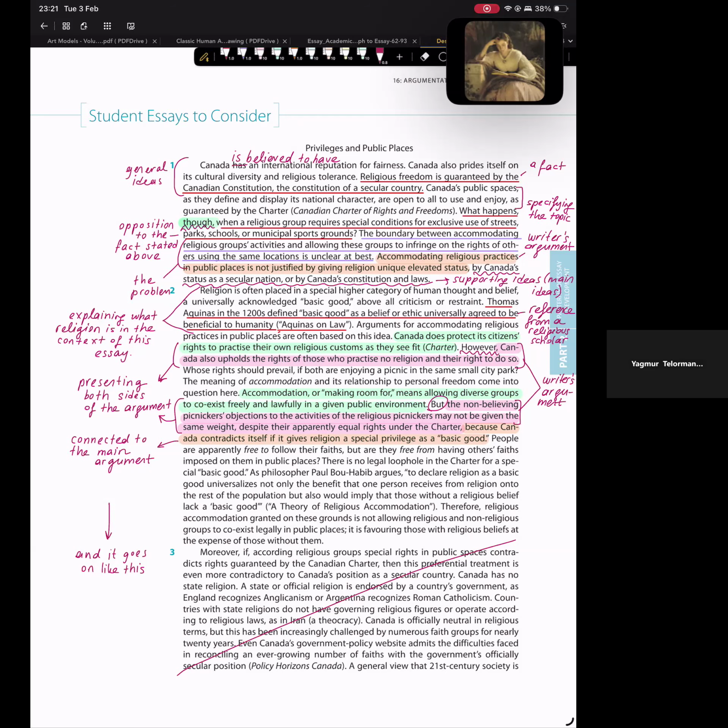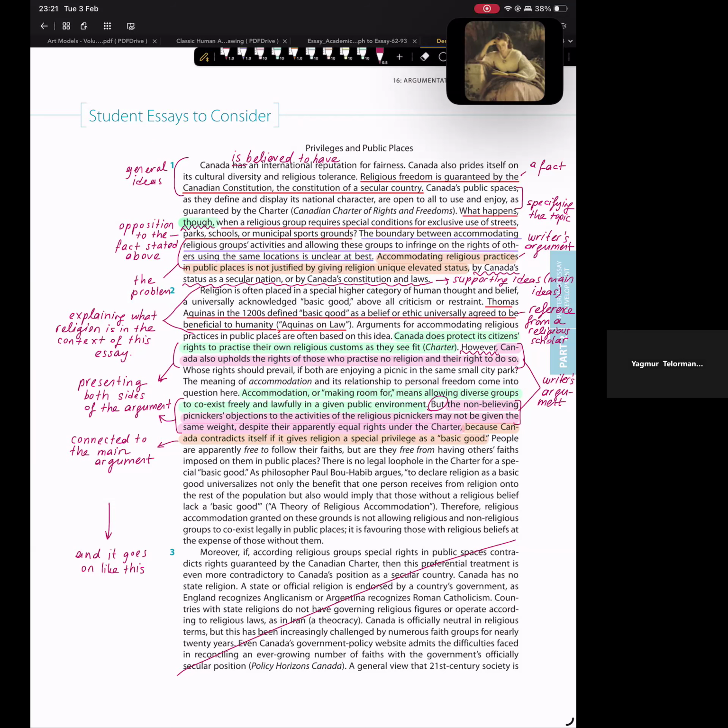And the problem is posed in the next sentence. The boundary between accommodating religious groups' activities and allowing these groups to infringe on the rights of others using the same locations is unclear. So it is a problem. And here comes the writer's argument in the thesis statement: accommodating religious practices in public places is not justified by giving religion unique elevated status.